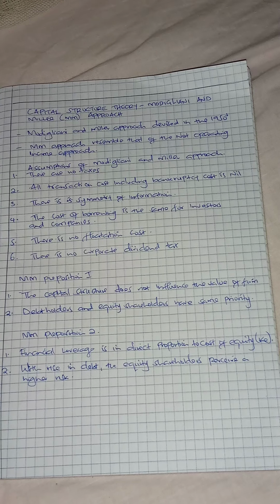So with an increase in the debt component, they are losing control of their firm, because the equity shareholders are the owners of that particular firm and they have control of it. So they perceive a higher risk, because they may end up losing control of that firm.